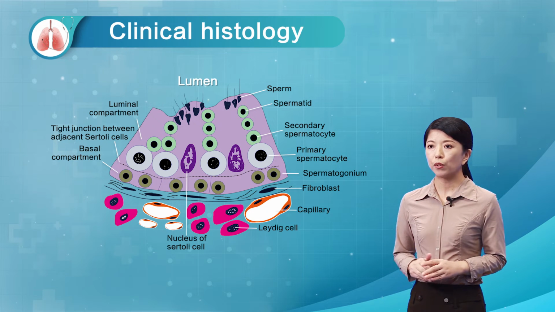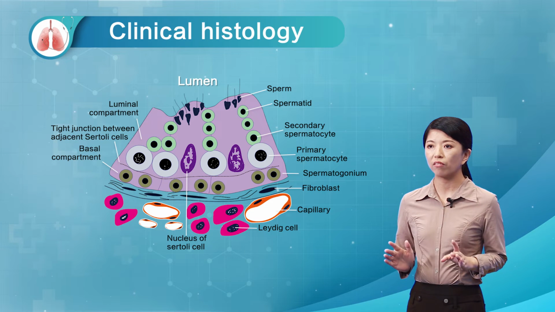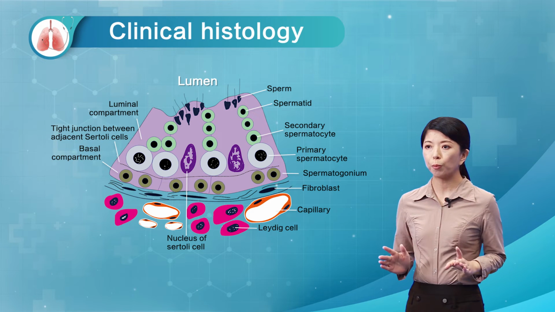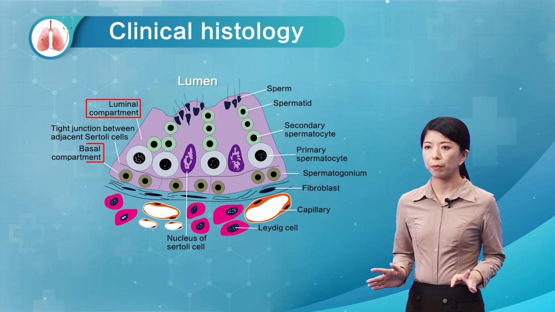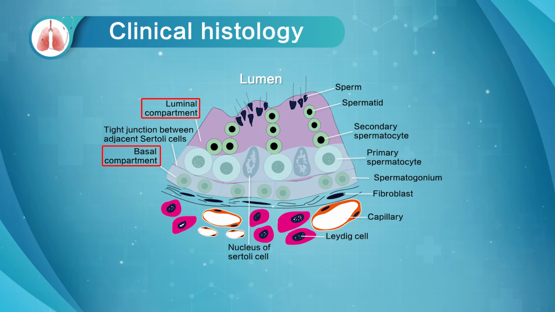The connection between the adjacent Sertoli cells divides the wall of the tubules into two parts, the luminal compartment and the basal compartment. The basal compartment near the peripheral region is sealed off from the luminal compartment by the processes of adjacent Sertoli cells. The diploid spermatogonia are found in the basal compartment.